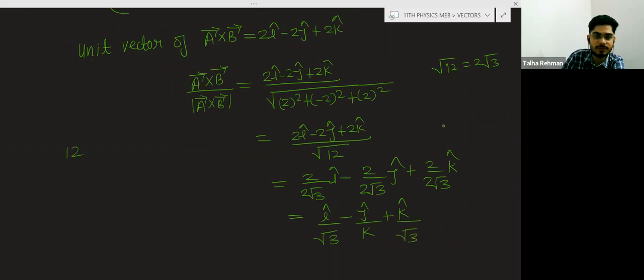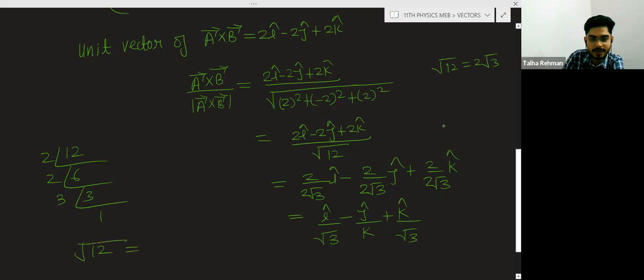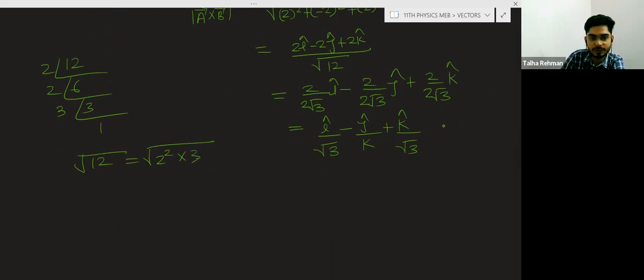We can factorize 12: root 12 can be written as root of 2 square into 3. From under the root you can take out the 2, and this will become 2 root 3. In this way you can write it.